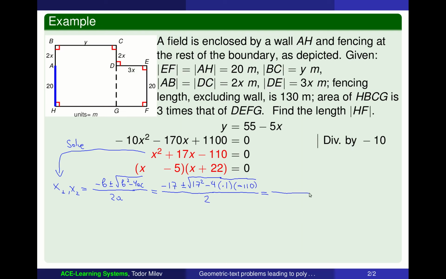Alright, so we get minus 17 plus or minus radical of, now 17 squared, that is 289, minus with minus gives me plus 440. Now, how did I compute that 17 squared is equal to 289? I simply have that memorized. I highly recommend memorizing the squares for the practical purpose of problem solving quickly.